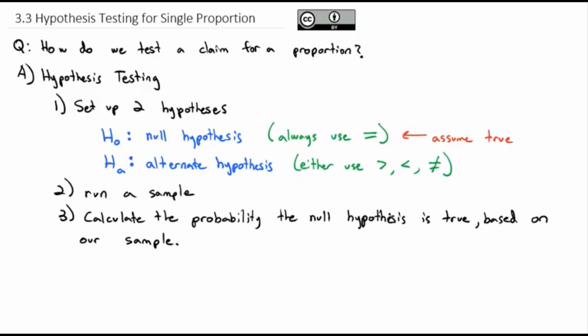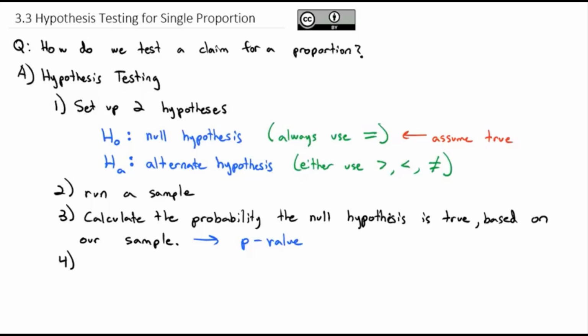This calculation is what we will call the p-value. It's going to be very important to us, the p-value. What is the probability the null hypothesis is true based on our sample?